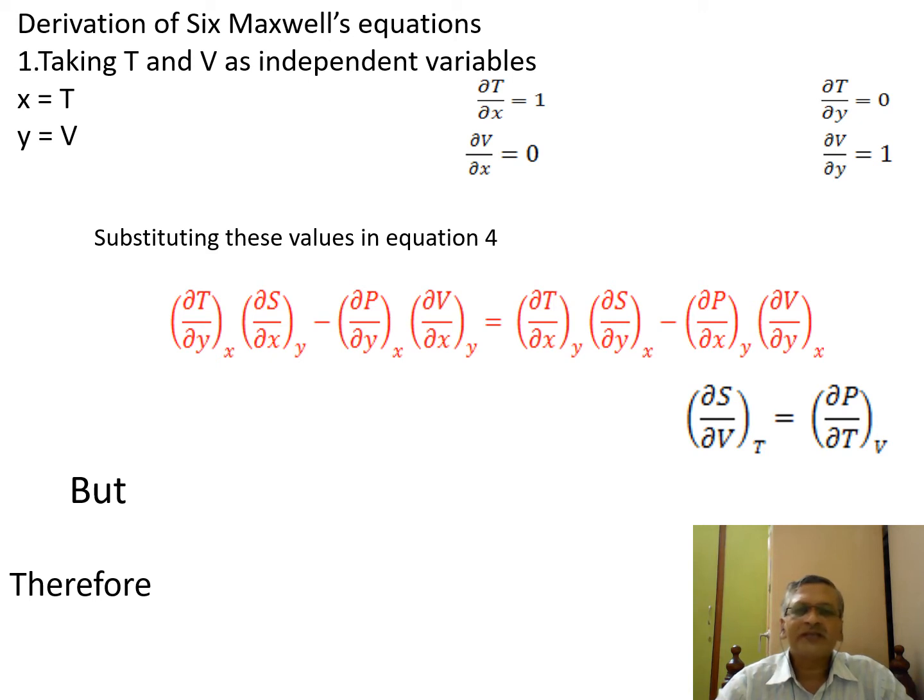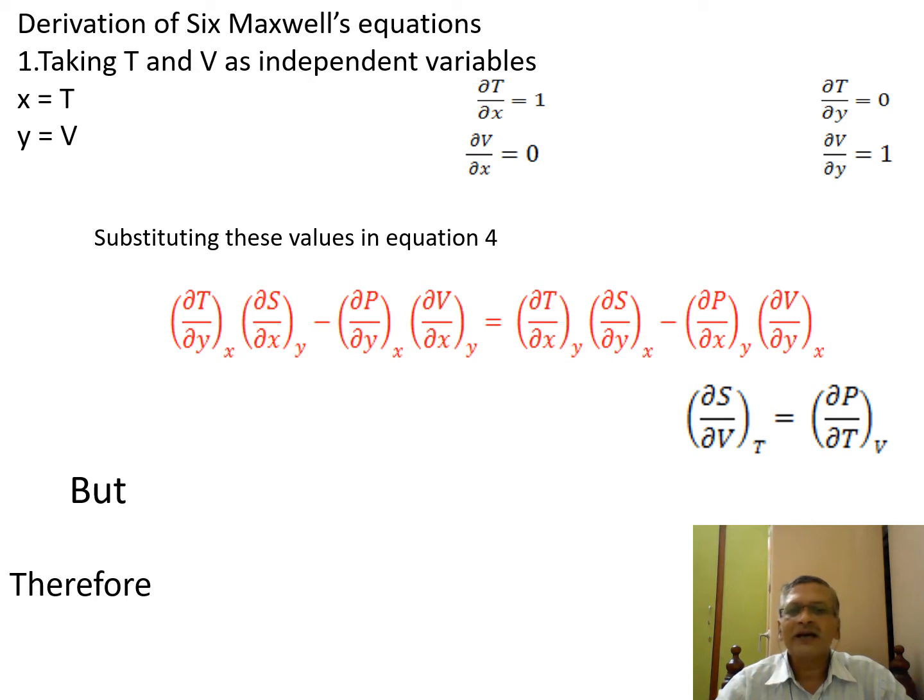Therefore the first term becomes 0. Minus the second term. Think of the second term: dou p upon dou y has no terms above, and dou v upon dou x is there. So dou v upon dou x is again 0. So this term is 0. Therefore, the LHS totally becomes 0.